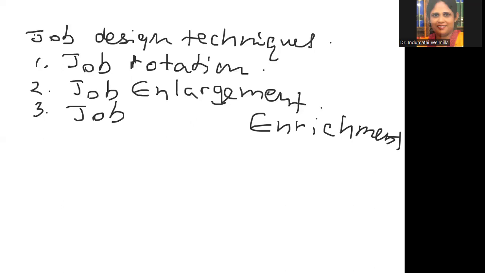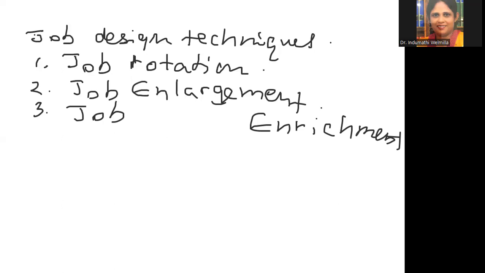We know job enrichment increases the employees' autonomy over the planning of their own work. So job enrichment has the same motivational advantage as job enlargement. However, it has the added benefit of granting workers autonomy, right?